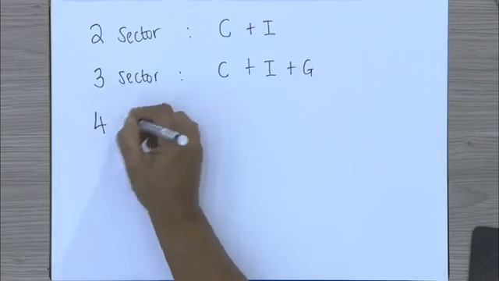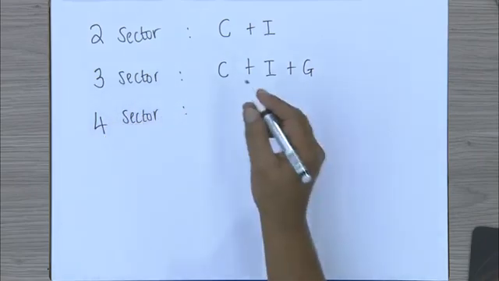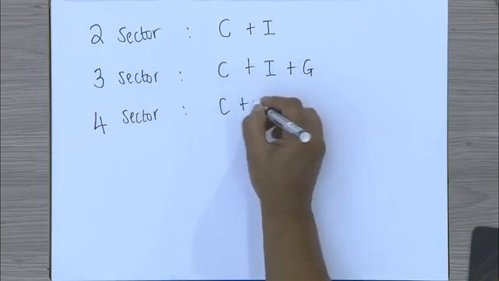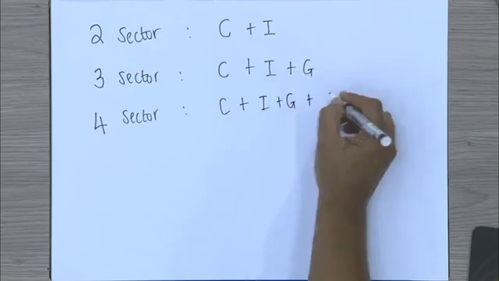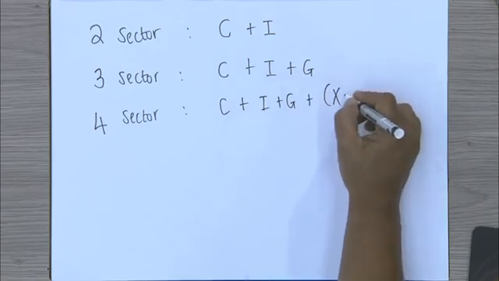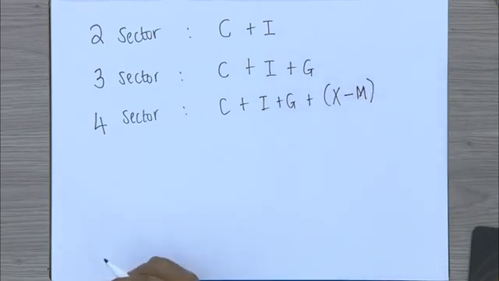The four-sector model is where we've got the three-sector and we've added our exports as well as our imports.